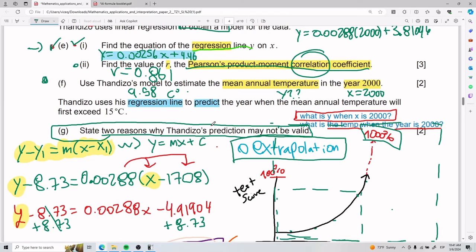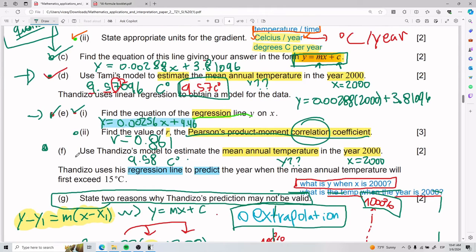All right, on the one hand, we have that. See? The other reason is a little harder. See? Let me tell you why. Notice for part F, when we used Thandizo's model to estimate the mean annual temperature in the year 2000, we were plugging in an x in order to get a y.